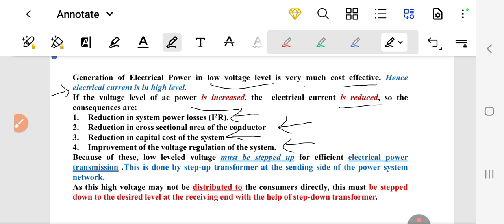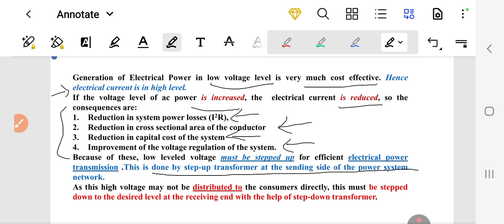The low level voltage must be stepped up. In this case, for an efficient electrical power transmission, we raise the voltage to decrease the current, so we have the previous advantages of reducing the current. This is done by step-up transformers at the sending end or at the generation stations.